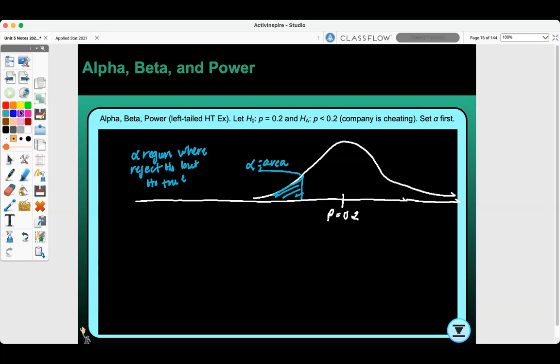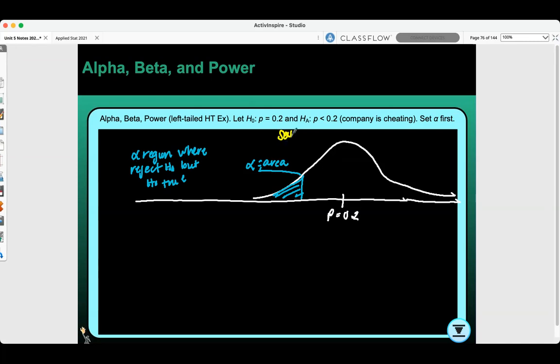And remember, this is our sample distribution for our null hypothesis, P equals 0.2, when our null hypothesis is true.